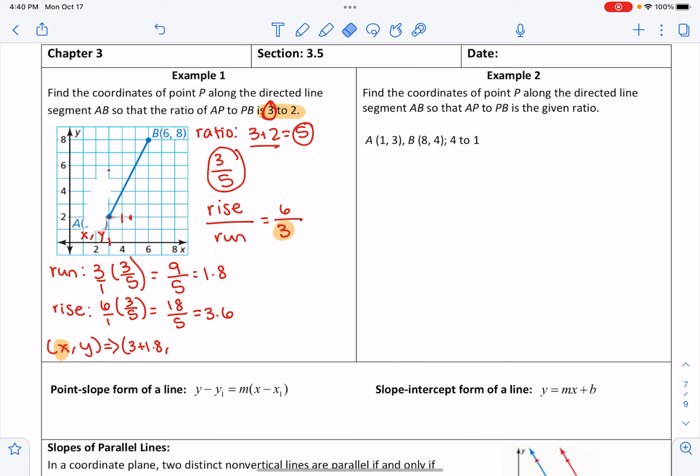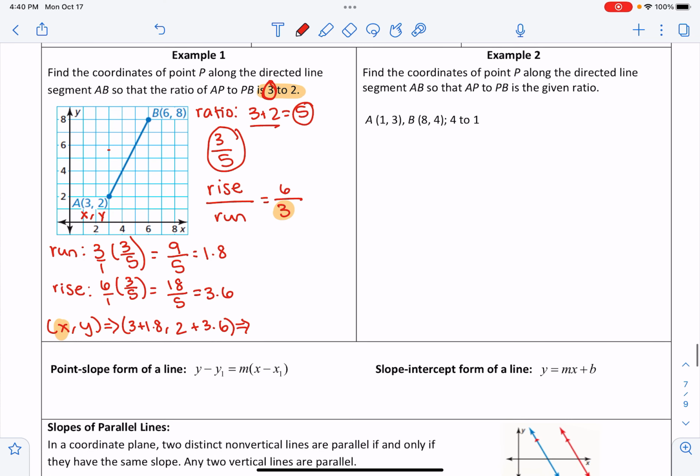So from my y, which is 2, my starting point, I'm going to add on 3.6. So my point P is going to be at 3 plus 1.8, which is 4.8, comma, 2 plus 3.6, 5.6.